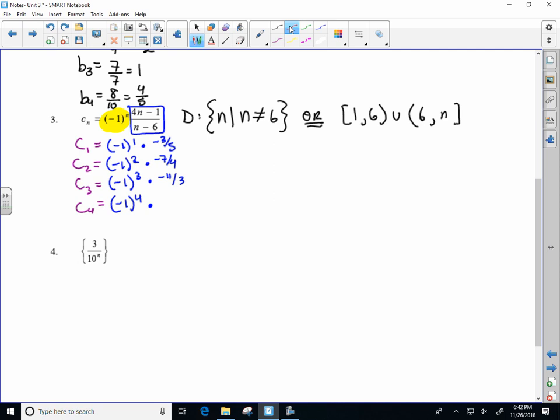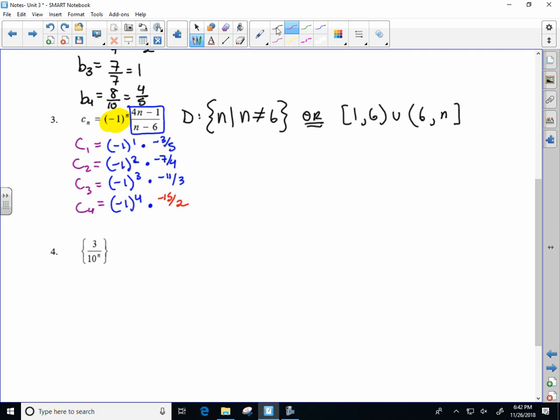I see the pattern. The denominator is decreasing by 1. My numerator is decreasing by 4, consistently. So this next one would be -15/2. And you could verify it. It's not going to be too crazy to verify, but it should bear out.